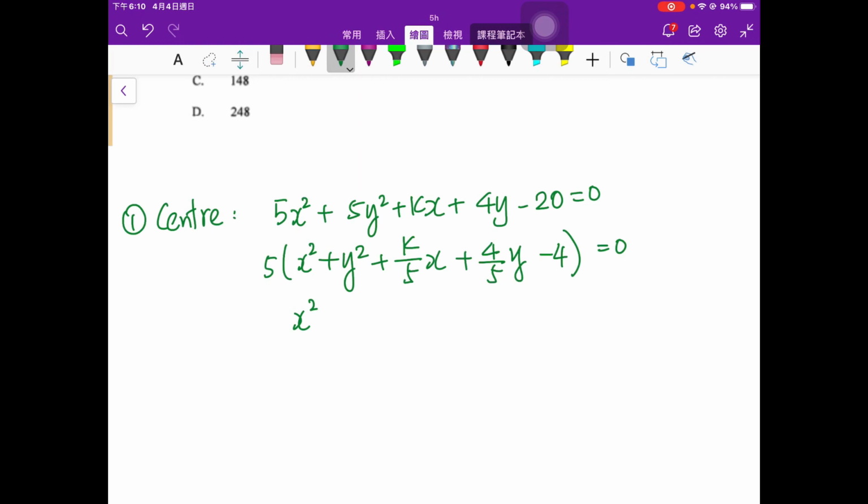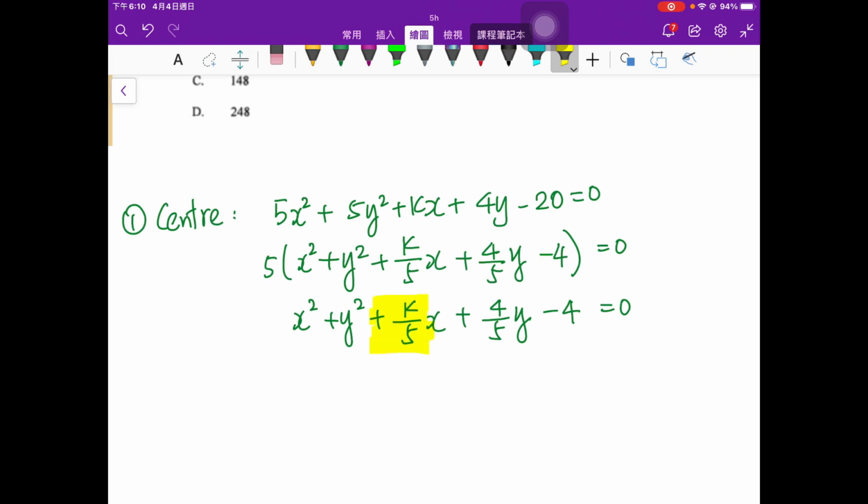So the final equation is x squared plus y squared plus k over 5 x plus 4 over 5 y minus 4 equals 0.